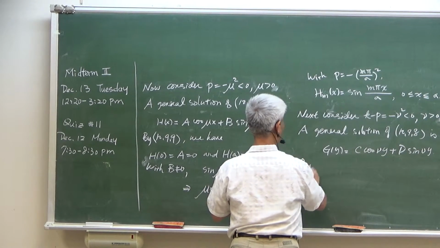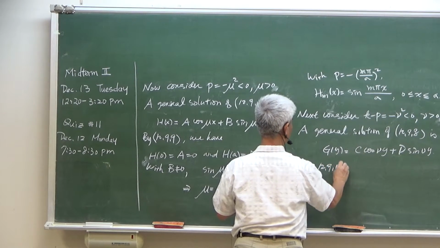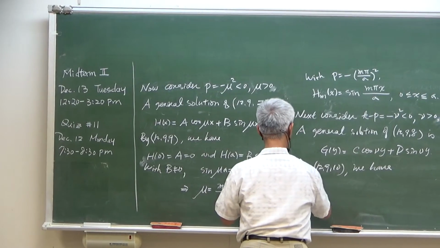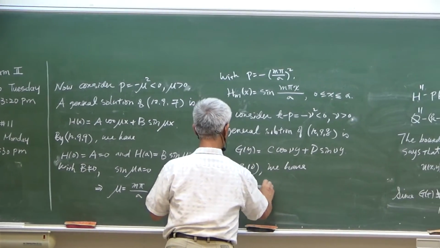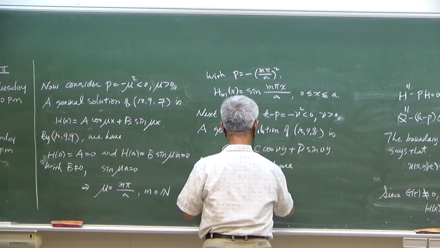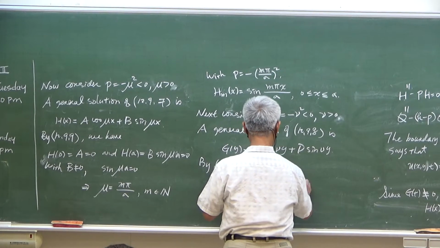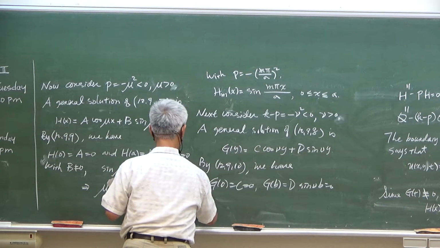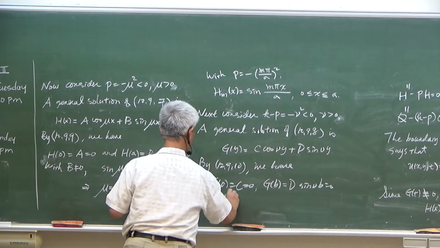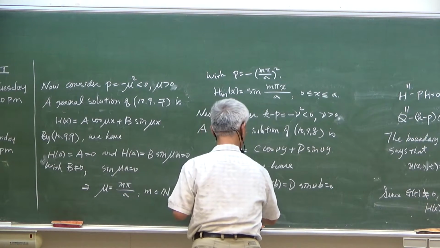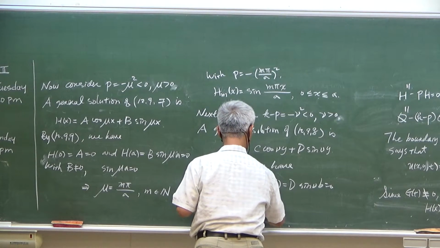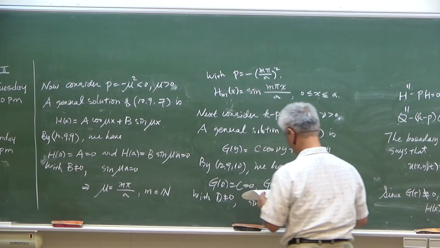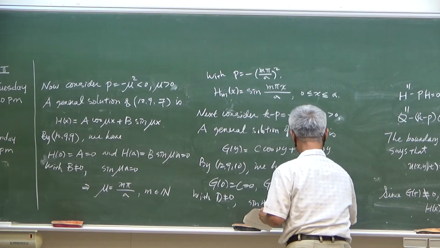So again, by 12.9.10, we have g of 0 equal to c equal to 0, and g of b equal to d sine nu b equal to 0. With d not equal to 0, we have sine nu b equal to 0, which implies that nu should be equal to n pi divided by b.